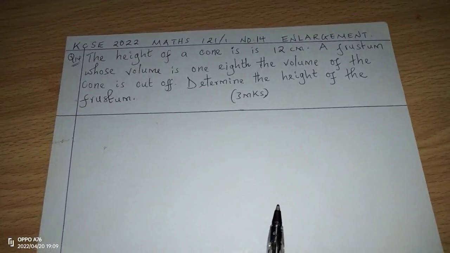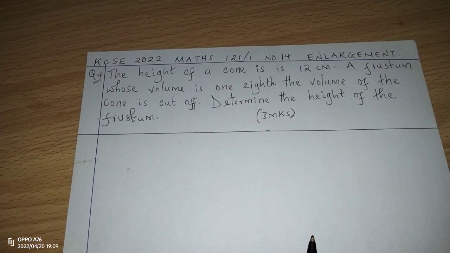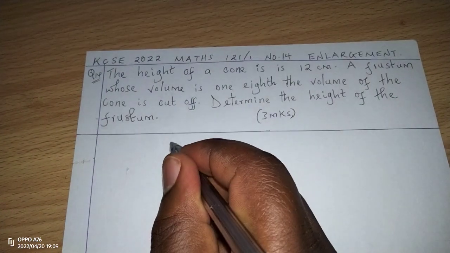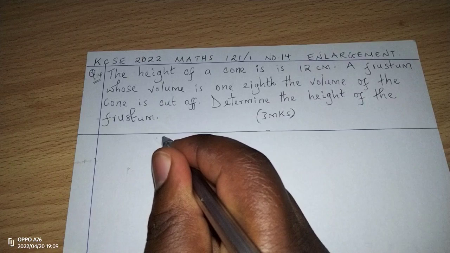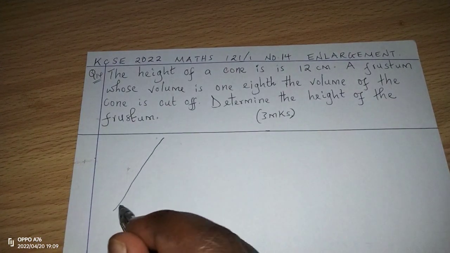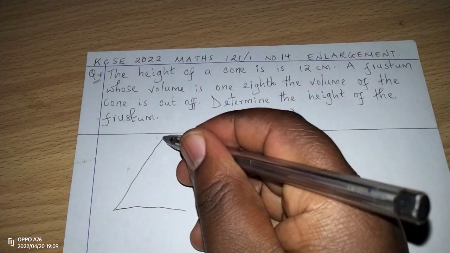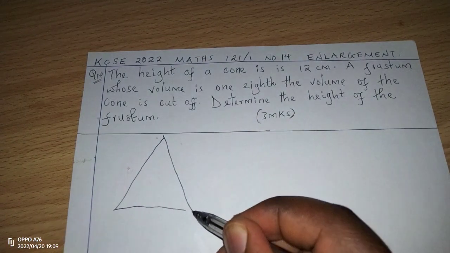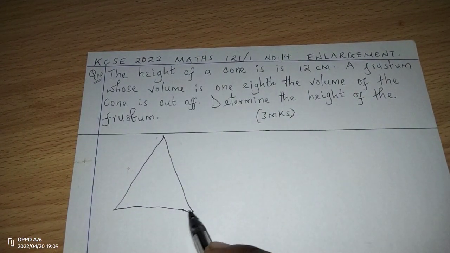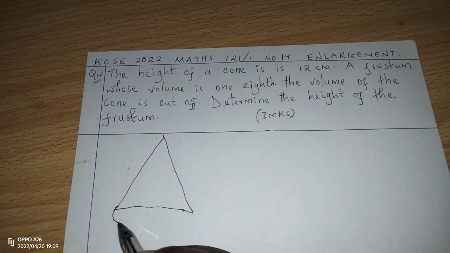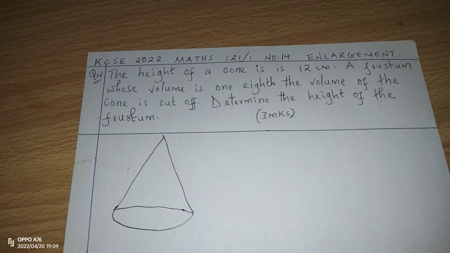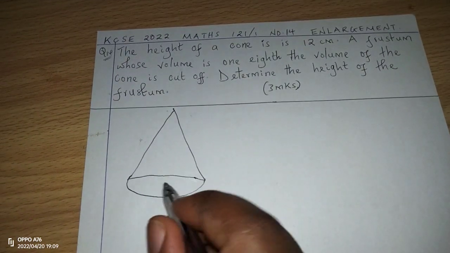The first thing we should do here is to understand what a frustum is. When we have a complete cone, a cone is a pyramid with a circular base, like this one.